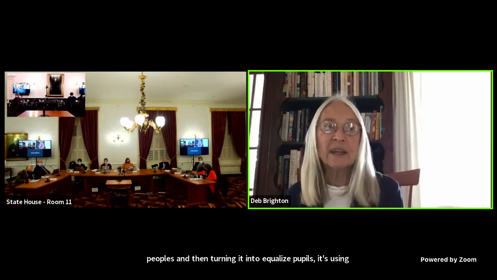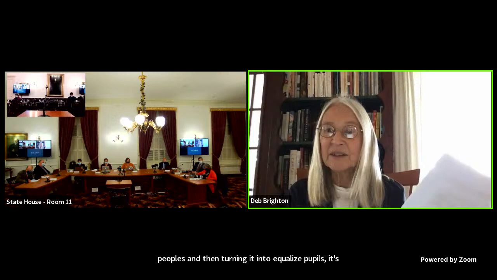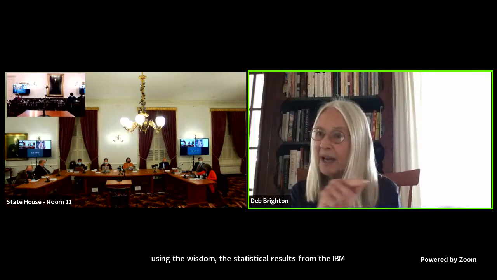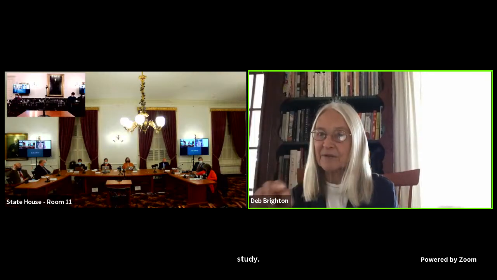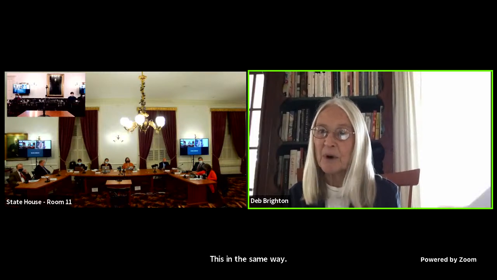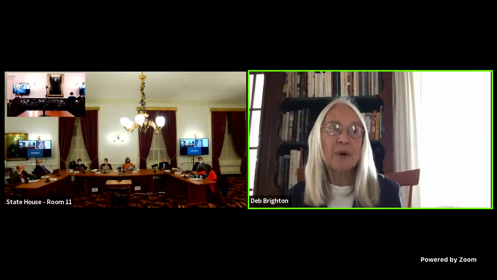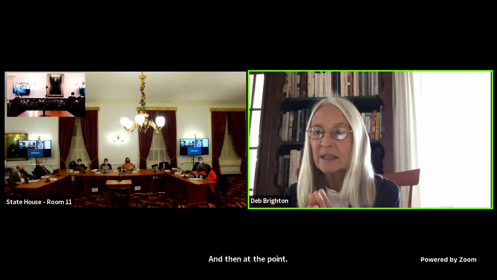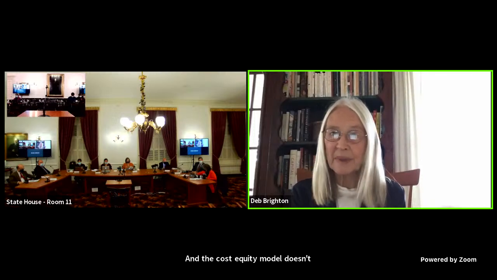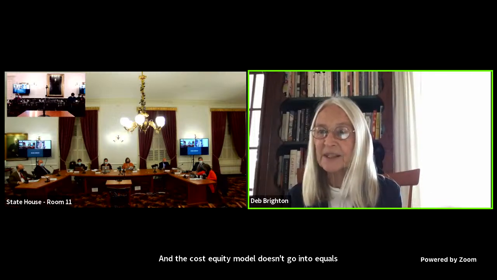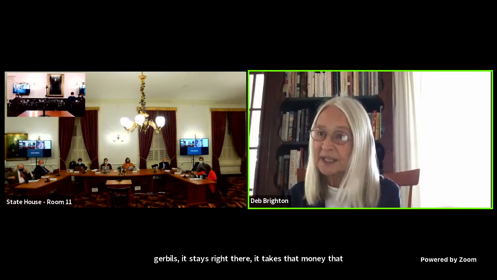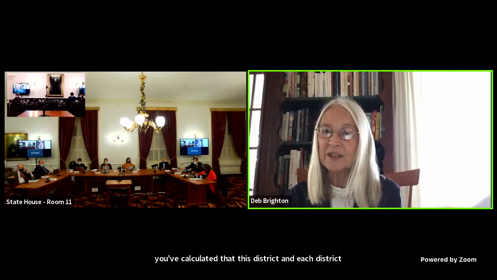It's using the wisdom, the statistical results from the UVM study in the same way to calculate that first step, all the way through of how much to allocate to each district. And then at that point, they sort of diverge. The cost equity model doesn't go into equalized pupils. It stays right there. It takes that money that you've calculated that each district needs to deal with these costs, and it sends it directly to the district.